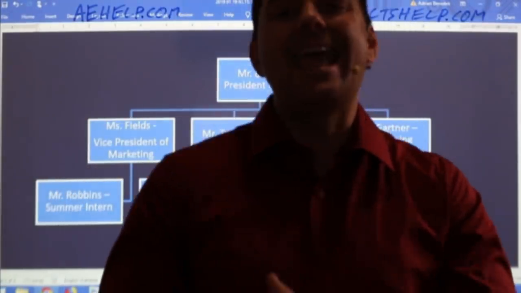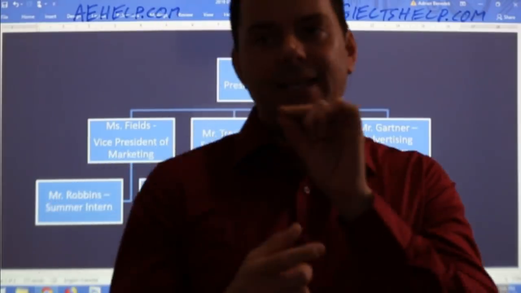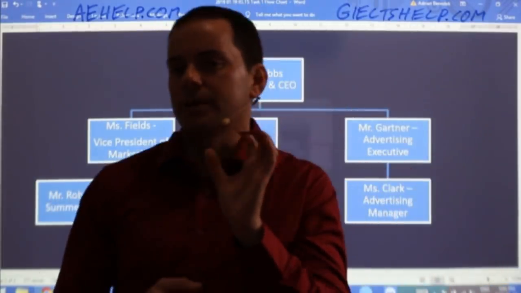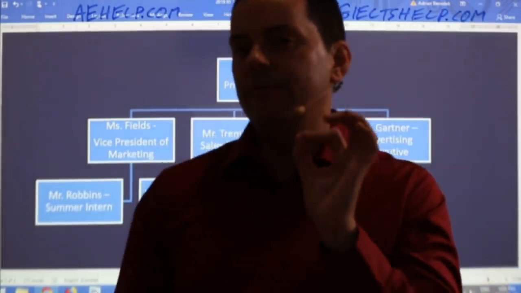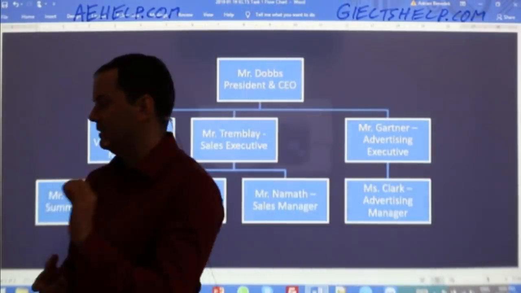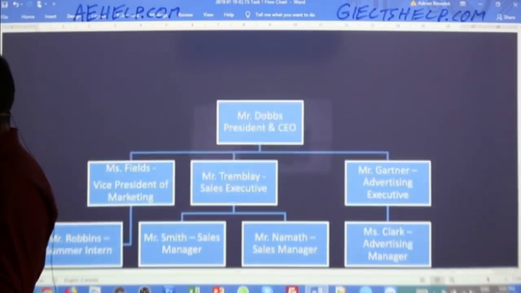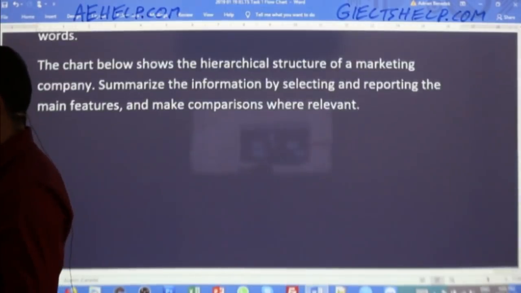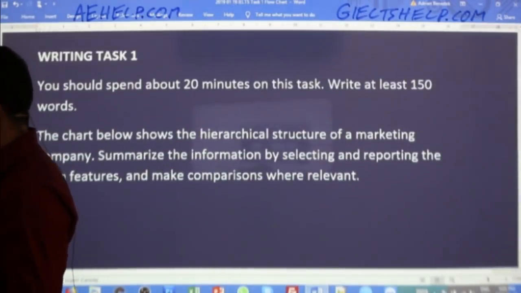Paraphrase and give detail. That give detail is very important. That could be the difference of a 0.5 band. I really want you to remember that for your task 1, no matter what you get.